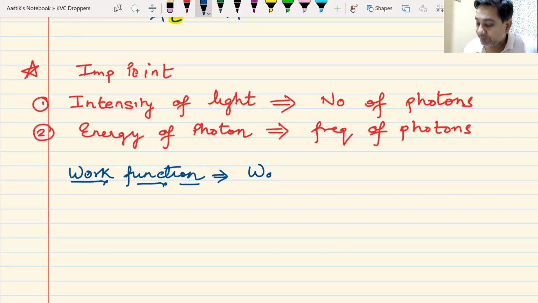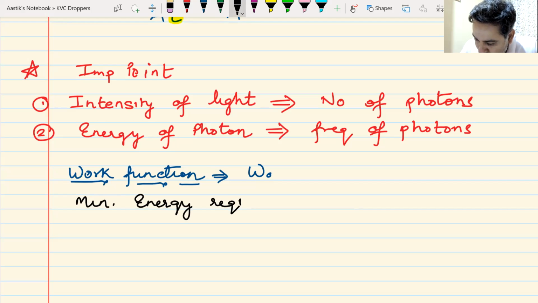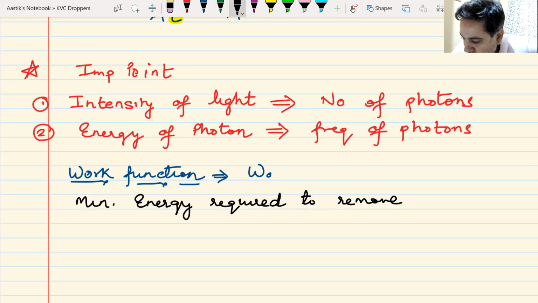And that is what you write. This is the minimum energy required to remove electrons or release photoelectrons.